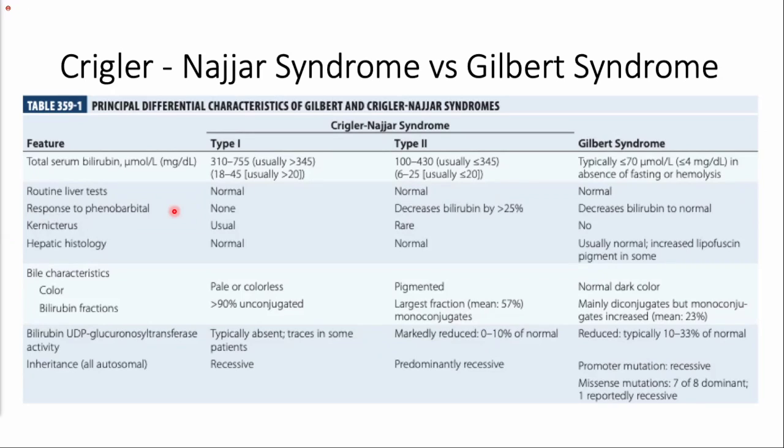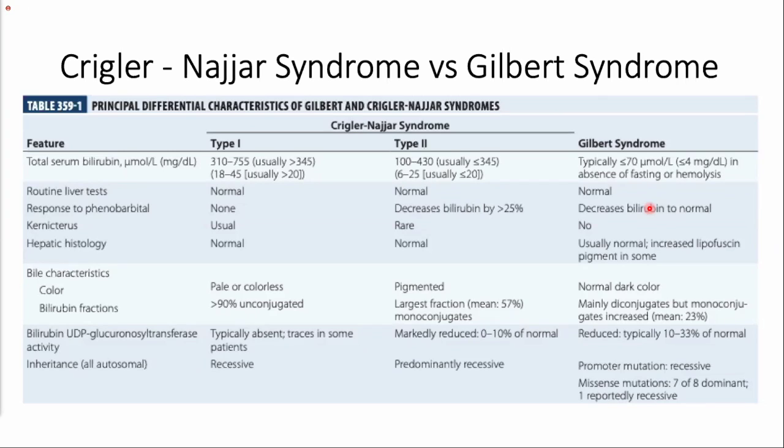Gilbert syndrome has similar pathology involving the UDP glucuronosyl transferase enzyme activity, but it is a milder form as compared to Crigler-Najjar. If you can see the comparison, it is much milder in terms of all the parameters being compared with Crigler-Najjar type 1 and type 2. But basically, it's the same thing.